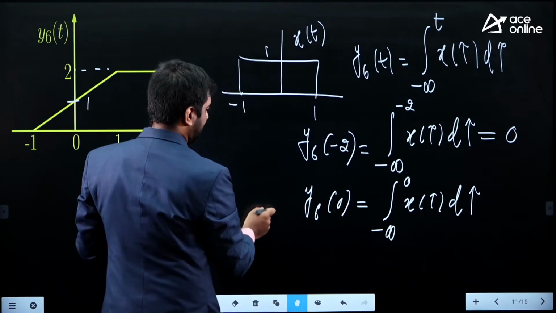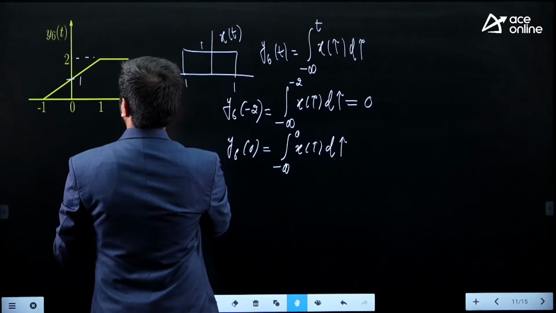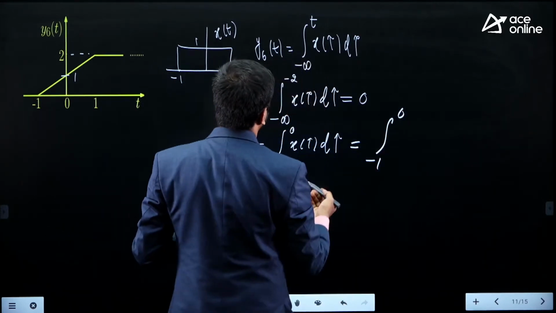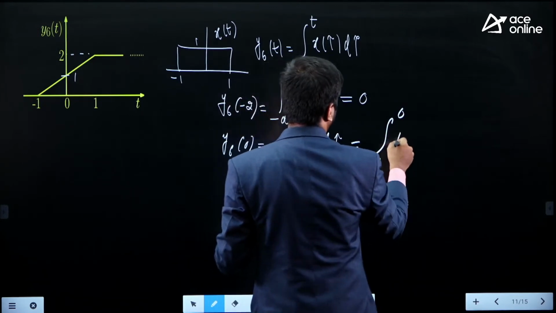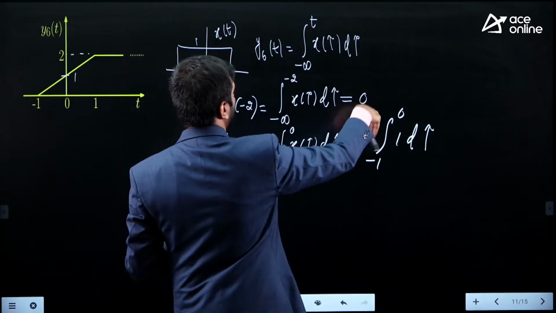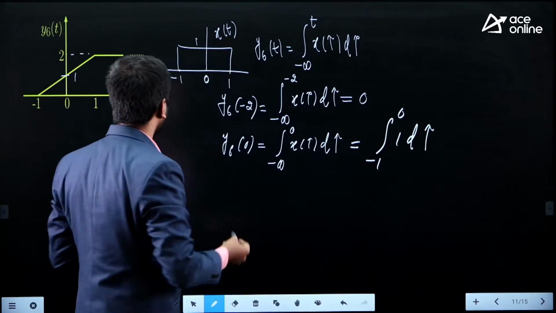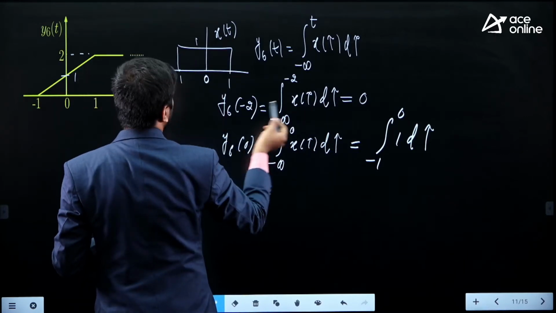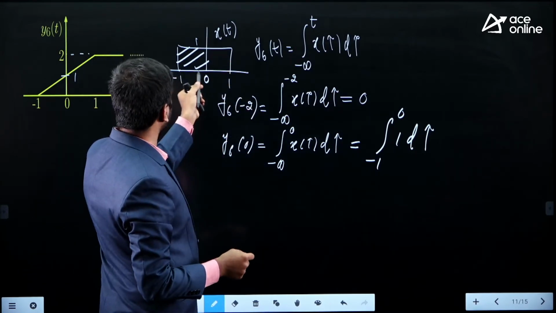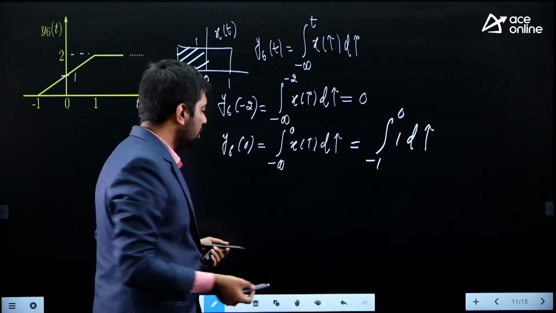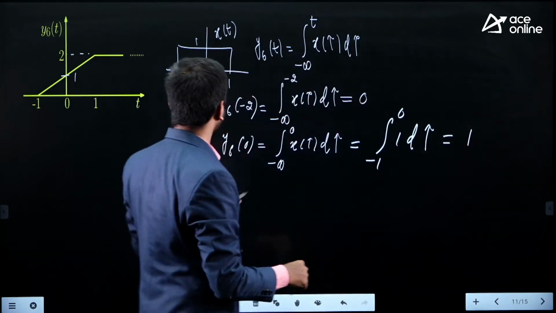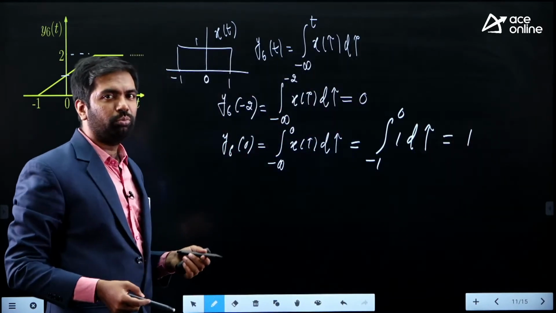From minus 1 to 0, x of tau is 1. Or simply, you find the area from minus 1 to 0 because integration is involved. This area is like a rectangle again. The width is 1, the height is 1, so the area is 1. So I got my answer. Here it's 1. Is this matching with this? Yes. You want to verify a few more things? Okay.